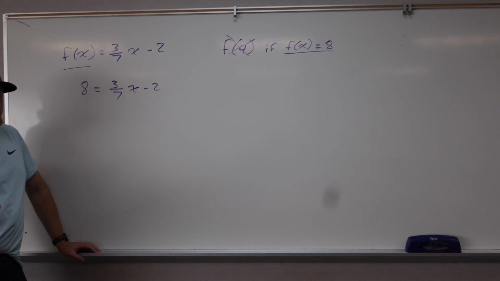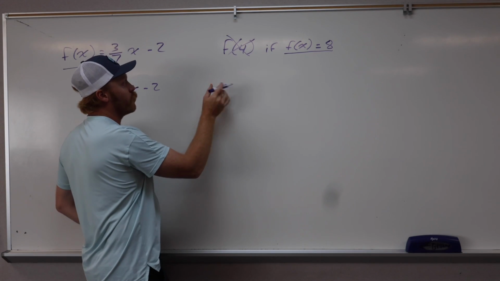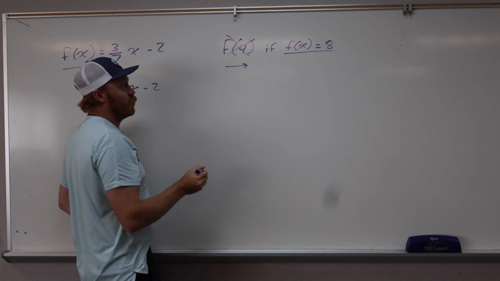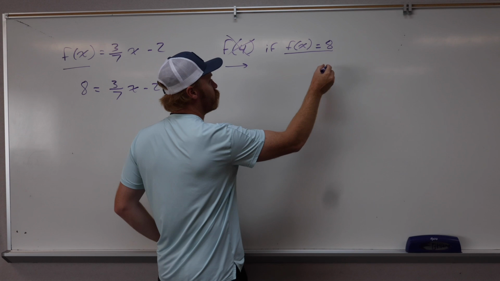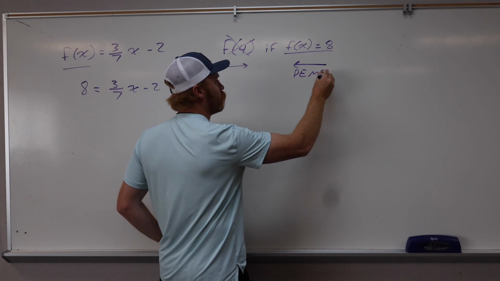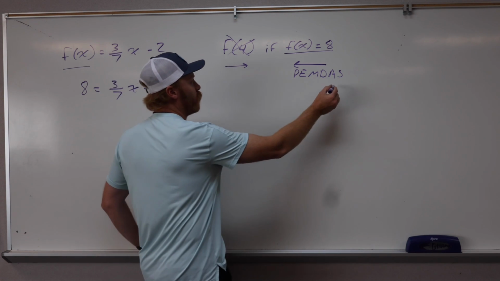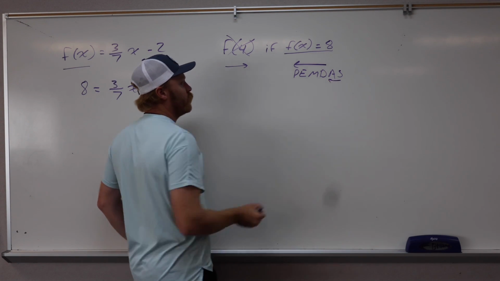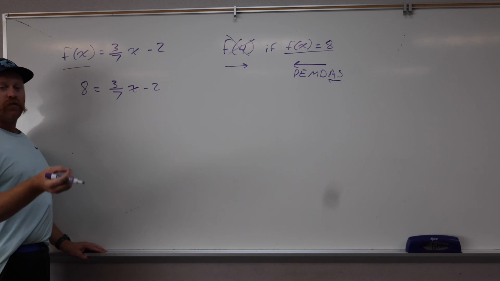Now, we always are either following PEMDAS or we're undoing PEMDAS. If we are computing a problem, we're going to follow PEMDAS. If we are solving for a variable, we're going to go the reverse of PEMDAS. So I'm going to start with my adding and subtracting, and then I'm going to do the opposite.